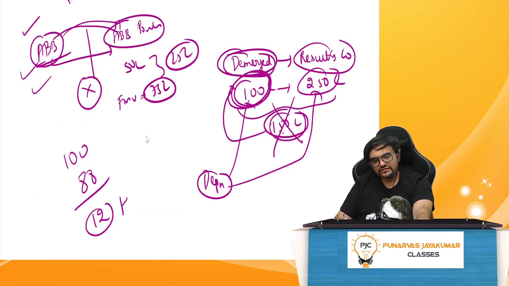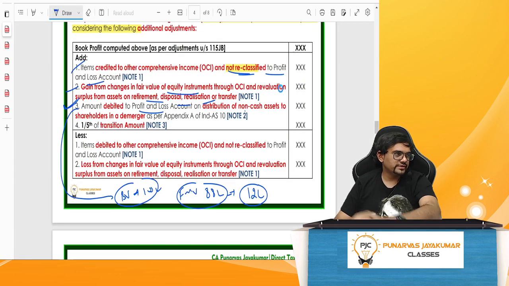On the other hand, if the book value is 100, selling at 150, the 150 is ignored in the resulting company. Which means this will be adjusted with the demerged company. 150 will be subtracted from there. Very simple. And the depreciation will be on this 100 and not 250. That's what they're trying to tell. Very, very simple.